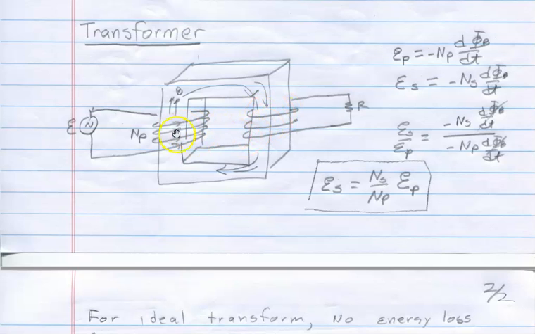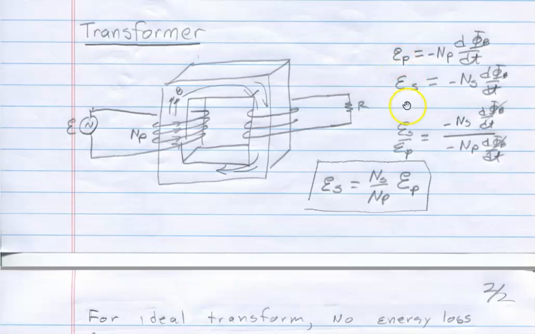I'm assuming they have the same area, but they wouldn't have to. And so the EMF that's generated in the secondary coil is, again by Faraday's law, minus N sub S times dΦ_B/dt. But it's the same flux that's going around because it's the same magnetic field, same thickness, same cross-sectional area.